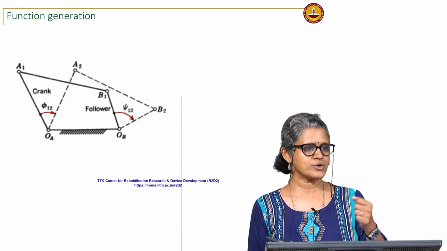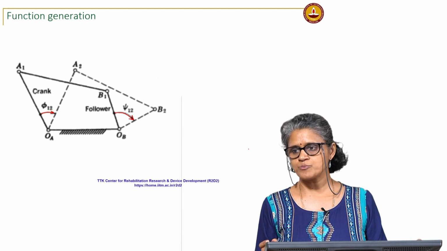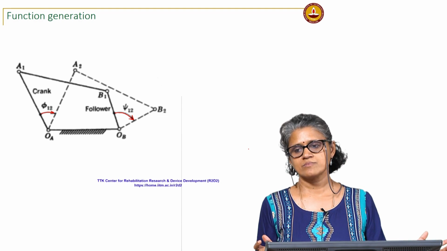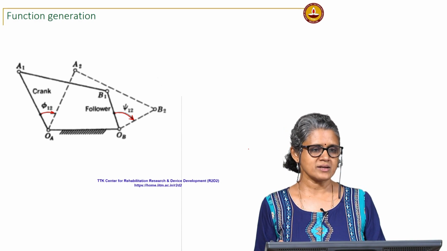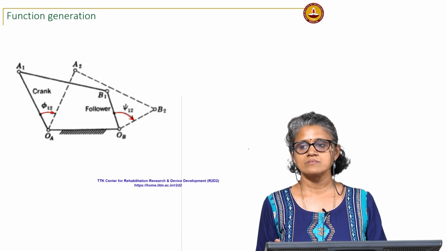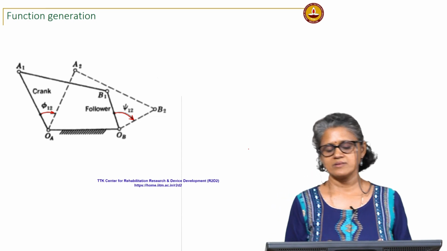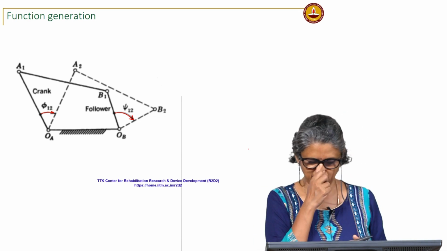I move the input link through a certain angle and I want the output link to move through some other angle. If I want them to move through the same angles, what would I do? I would just have a parallelogram mechanism, I would just duplicate the motion using a parallelogram mechanism.